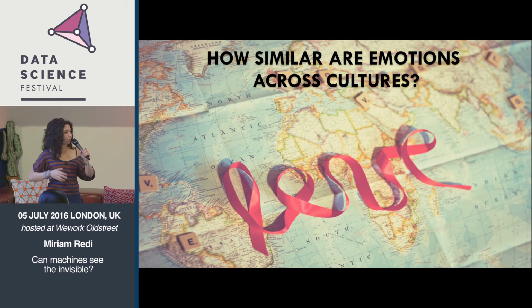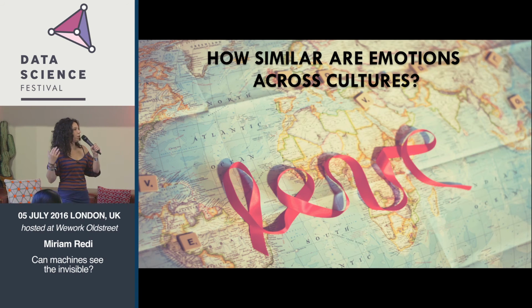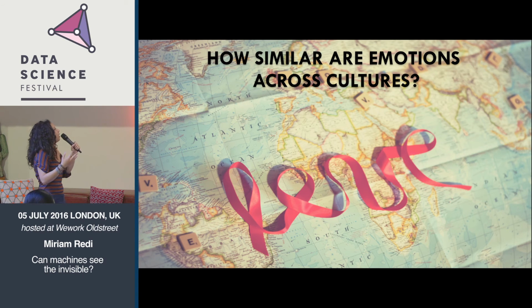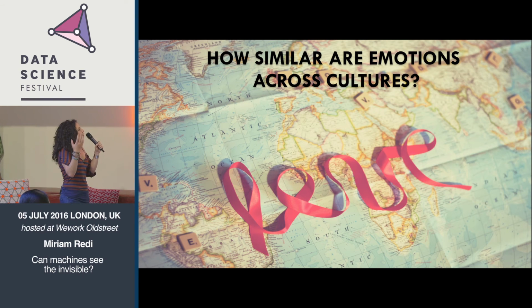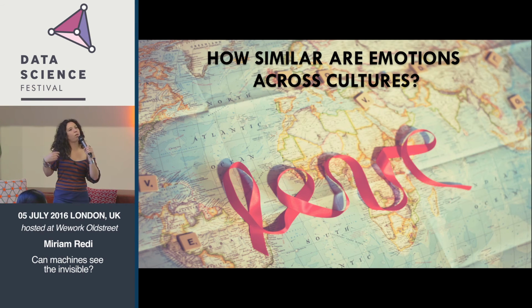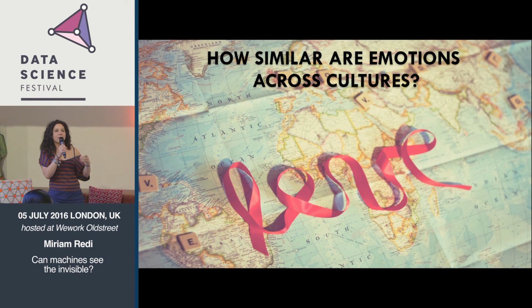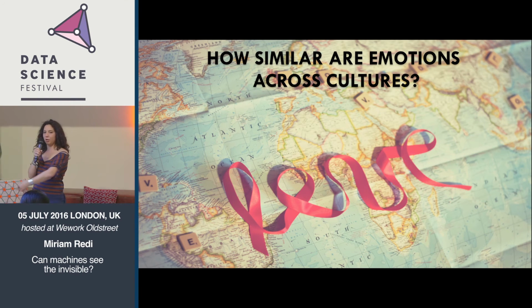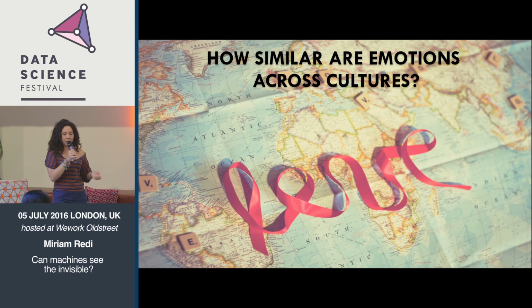The main aim of this project is to answer, up to some extent, with an algorithmic solution, this question: how similar are emotions across cultures? For example, how is happiness in a picture different if I think about it, or if my Chinese colleague thinks about it? We are very much interested in this.